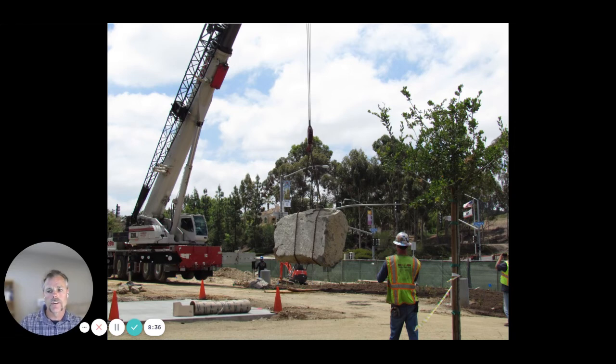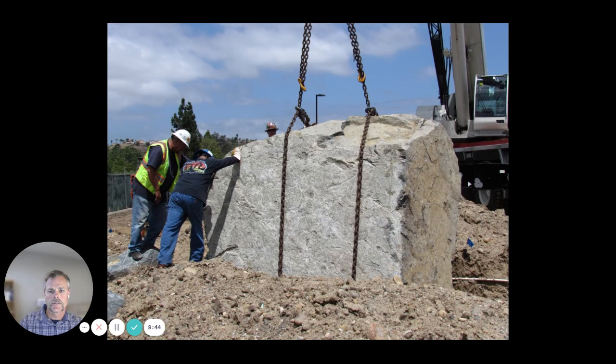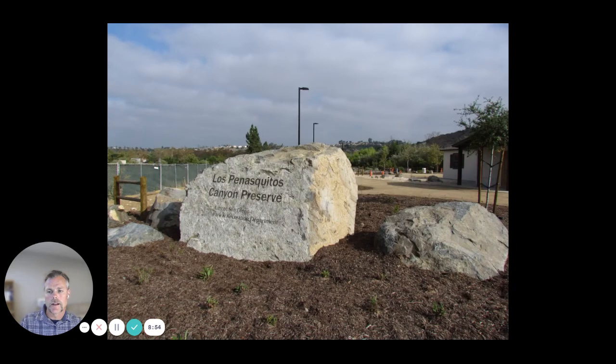So if you go over 5 foot, they no longer can go in an end dump. They have to go on a flatbed, and then they have to be handled differently at the quarry and at the job site. Just an idea of that 12-foot boulder being placed in the ground with the crane. You're losing a lot of the height again. So what was 12 foot becomes about a 7-foot piece once it's been buried and finished in the ground.